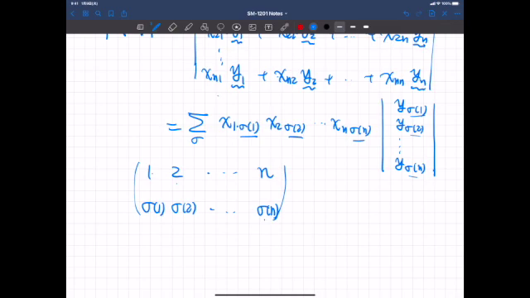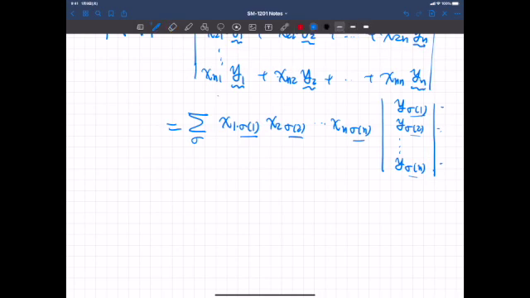Okay, remove this. And now, if we swap the rows of this determinant, then each time we swap, we change the sign from positive to negative, negative to positive, and so on.